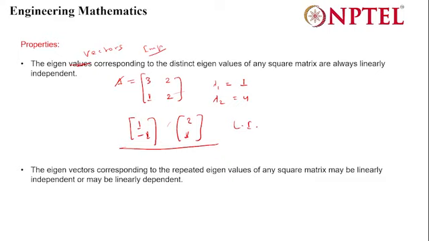Next property is that the eigenvectors corresponding to the repeated eigenvalues of any square matrix may be linearly independent or may be linearly dependent. So how do we check if this is linearly independent or linearly dependent?